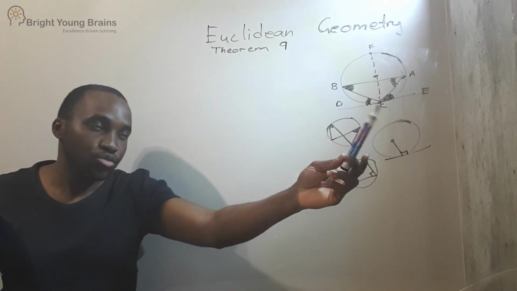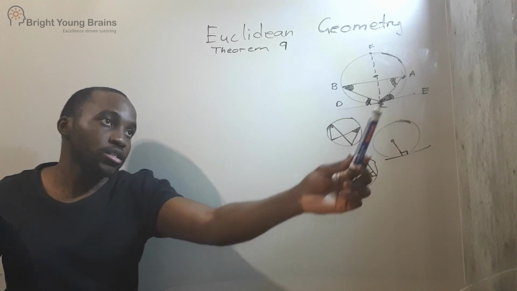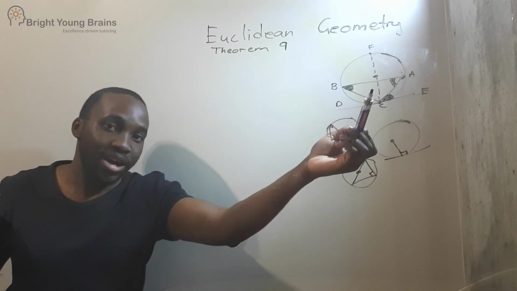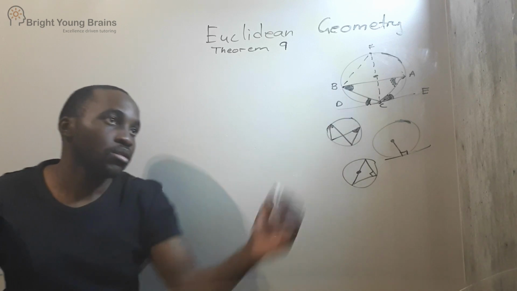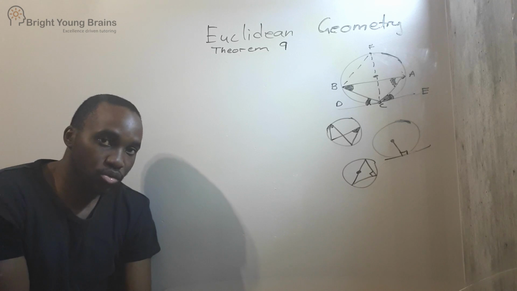If they were asking you to prove that ACE is equal to ABC, then your other dotted line would be going to where B is. So that's a big issue.